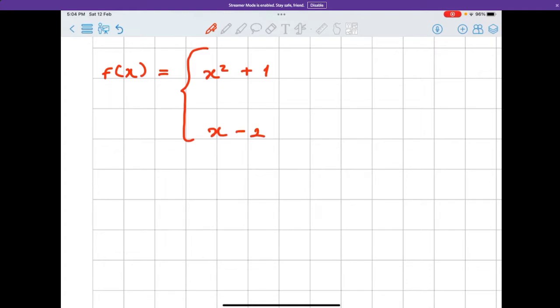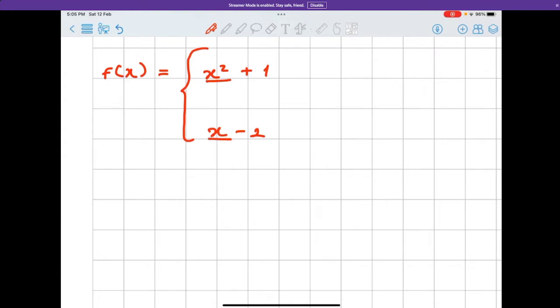Piecewise functions are basically like if statements. They're telling you that if your given x is inside a certain range, then you use this function, or you use this function.